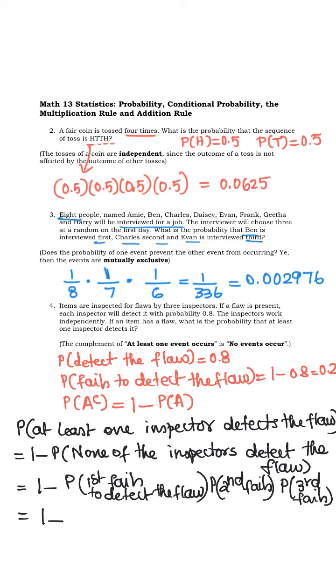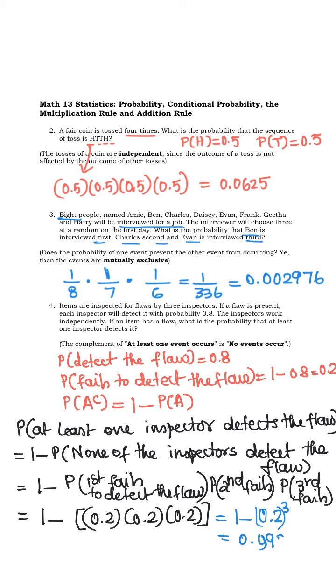So it will be 1 minus 0.2 times 0.2 times 0.2, that is 1 minus 0.2 cubed, that is equal to 0.992.